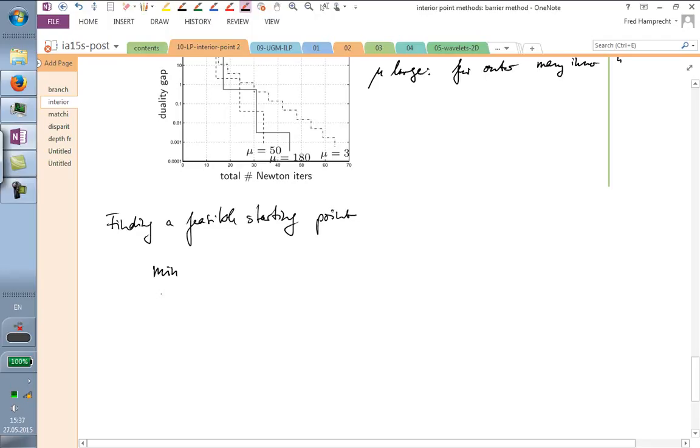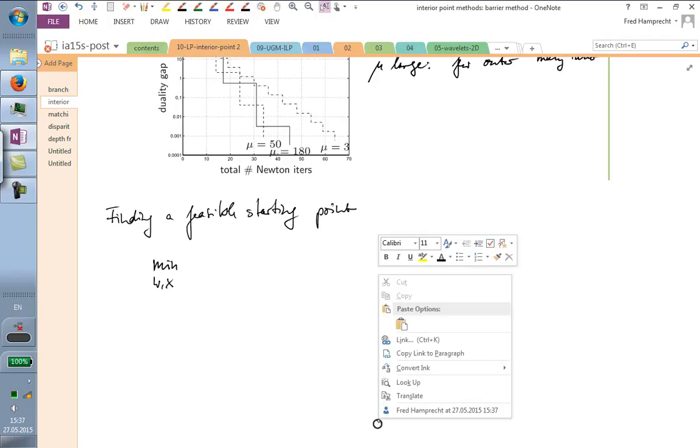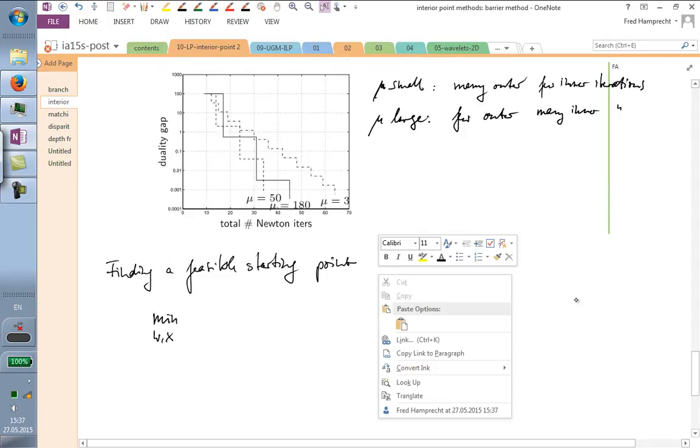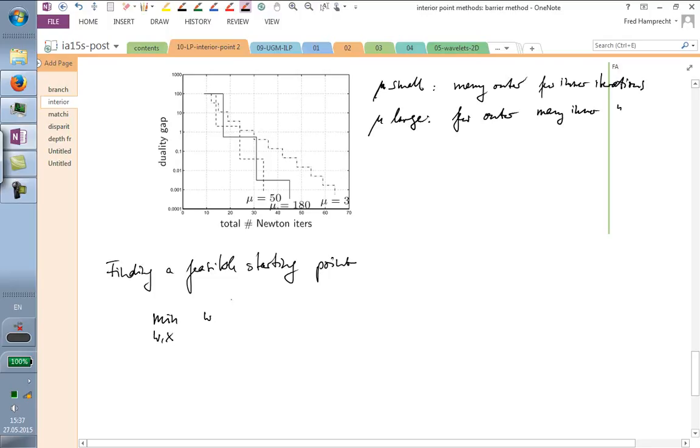we introduce an auxiliary variable w, and we now minimize over w and x, and w is a scalar, and we want to minimize this scalar such that the following holds.